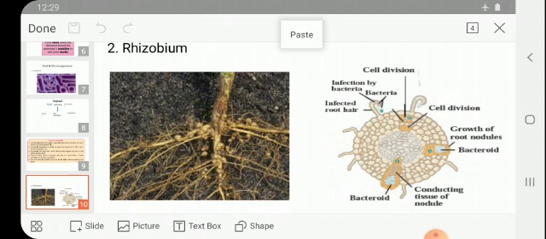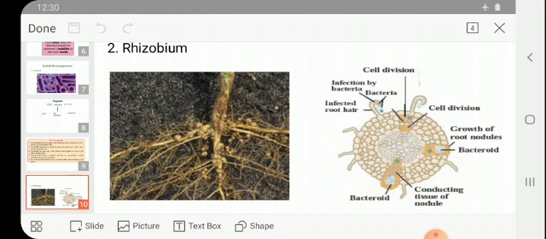Atmospheric nitrogen is fixed inside the root nodules of these leguminous plants by the bacteria. When these bacteria first enter, remain, and establish themselves properly, then they fix the atmospheric nitrogen in the root nodules.